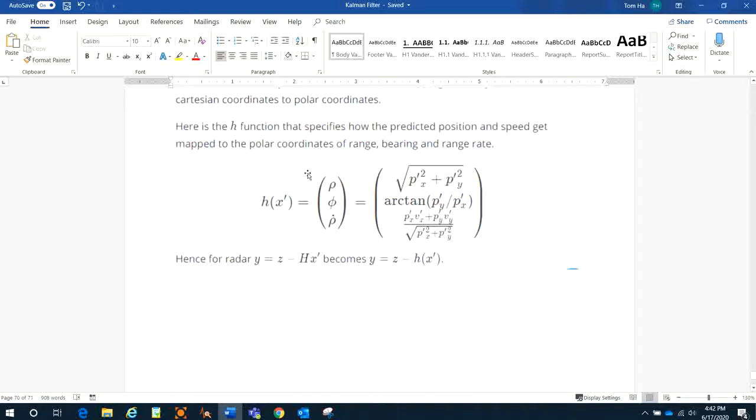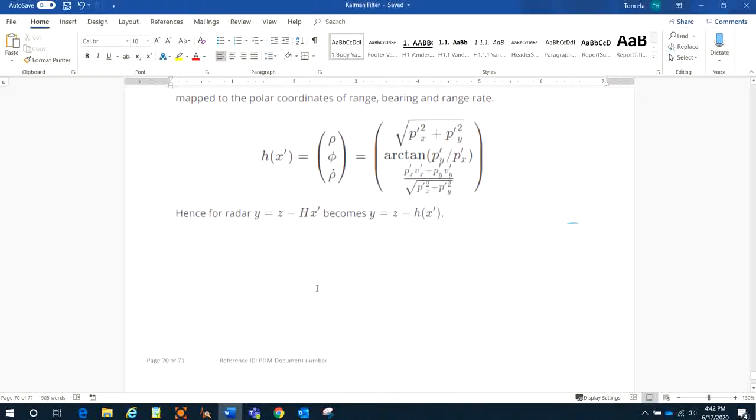If you are good at calculus, this is easy to understand. Here is the relation between the polar coordinate and Cartesian coordinate systems.